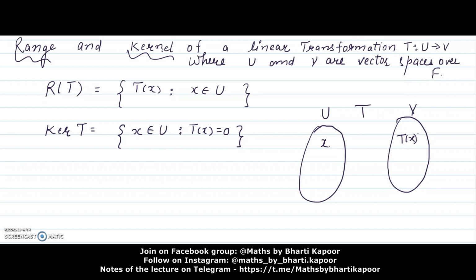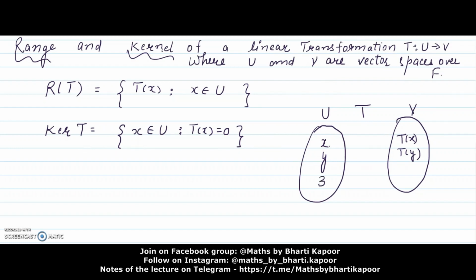So the collection of such images of elements of U is called range of T. For example, let's take another element y, then the image of y under T will be Ty and so on. Now what is kernel T?